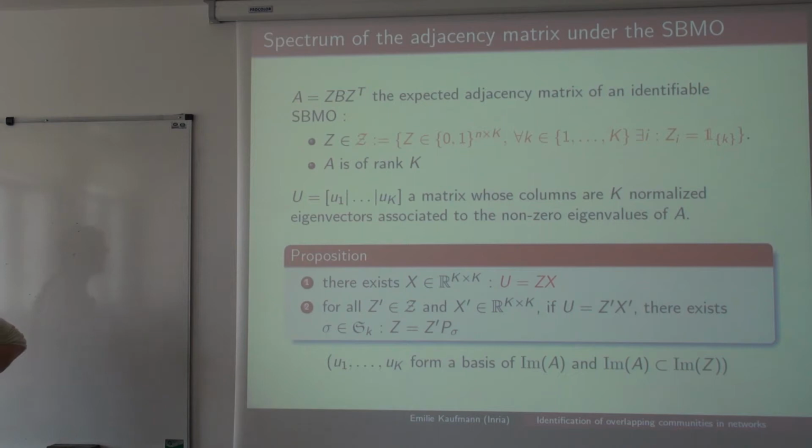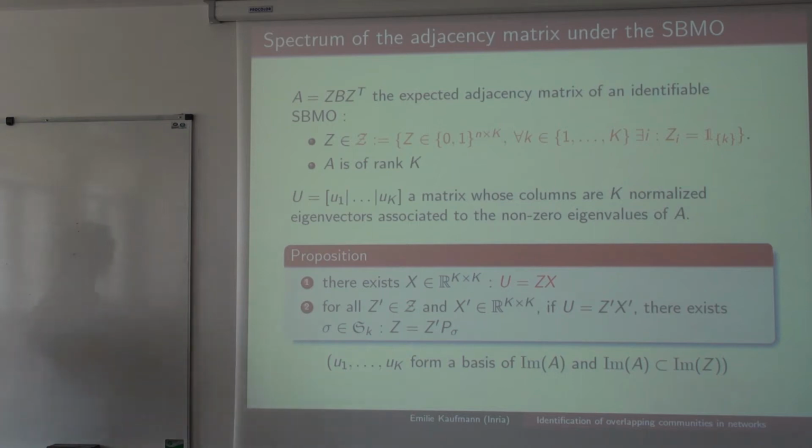So if we assume that our SBMO is identifiable, we know that, so this is the adjacency matrix in any SBMO, and we know in particular that the membership matrix must belong to this set Z of matrices that have 1 pure node per community.